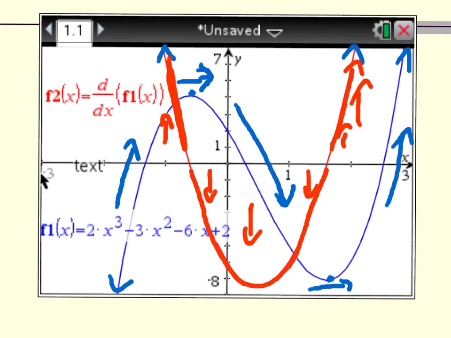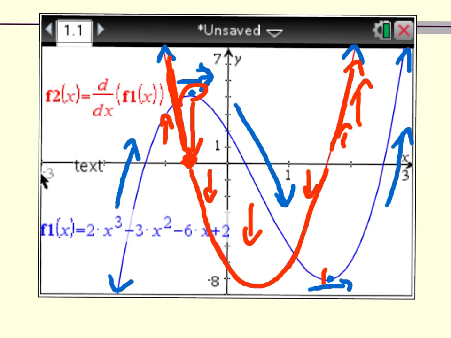So that's a connection. Whenever the original function is going up, we notice that the derivative is above the axis. Whenever the function is going down, like in the middle, we notice the derivative is below the axis. And likewise at the end, the function was going up, so the derivative was positive. Another key note is to recognize that this mountain here corresponds to the 0 on the derivative.